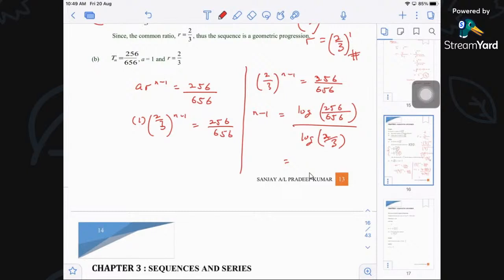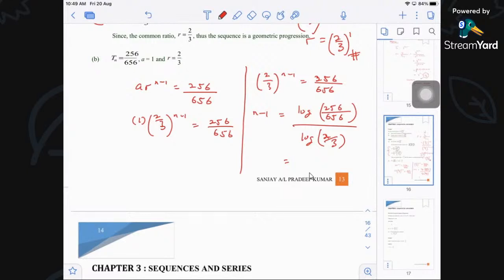Divide by log of 2 over 3, so you get 2.32 if I'm not mistaken. Yes or not? Oh no, my mistake here. I pressed wrongly. Sorry. Log of 256 over 656 divided by log of 2 over 3 then.